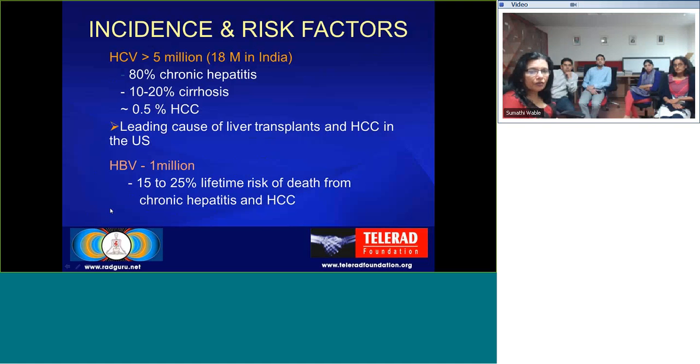HBV is also quite a problem and an endemic disease in India, and there's also a 10 to 25% lifetime risk of death from chronic hepatitis and HCC.